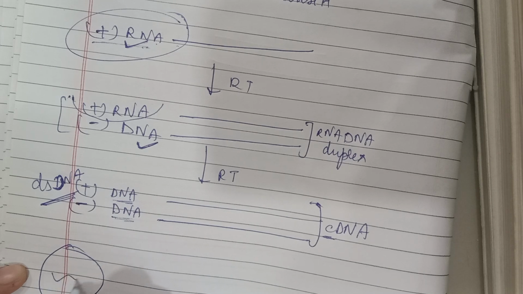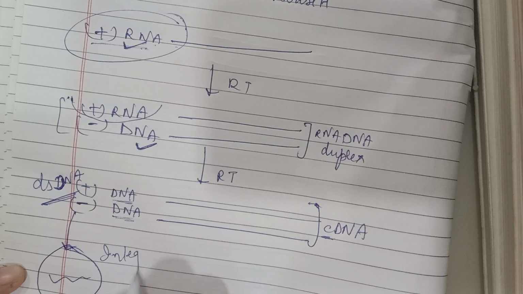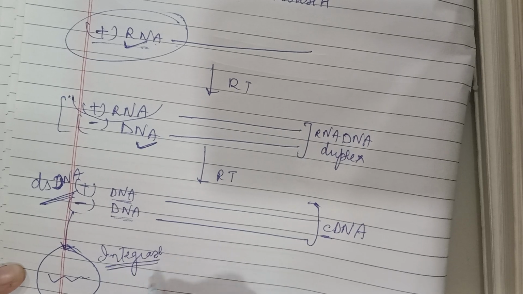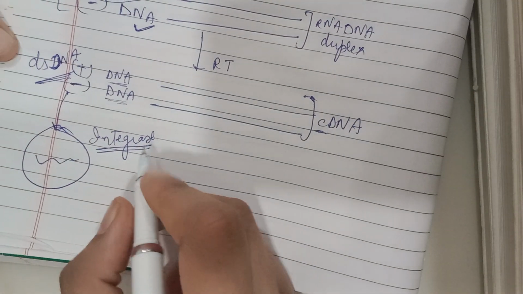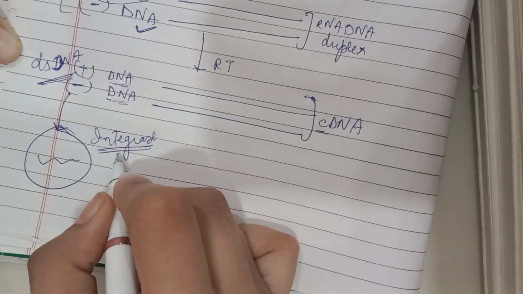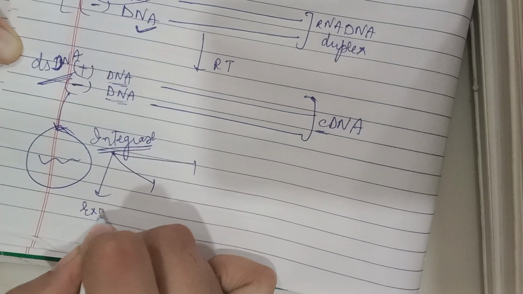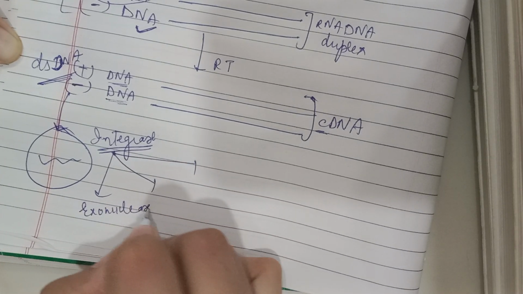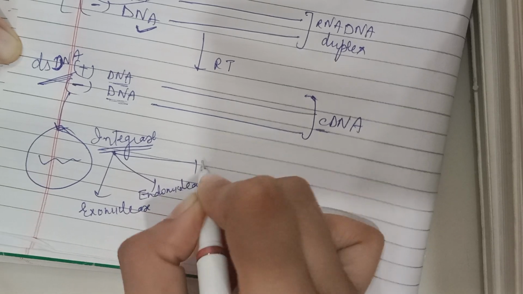So, this is the host DNA, with the help of the enzyme integrase, we insert or integrate into the host chromosome at random integration sites. Integrase has three activities again. It has exonuclease activity, endonuclease activity, and ligase activity.